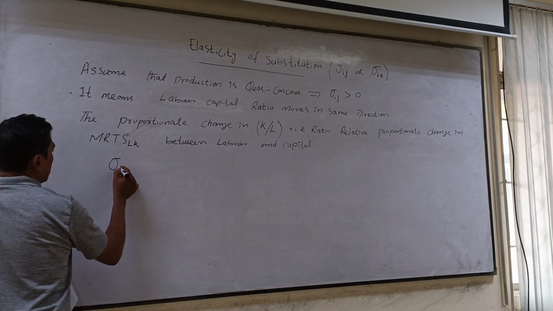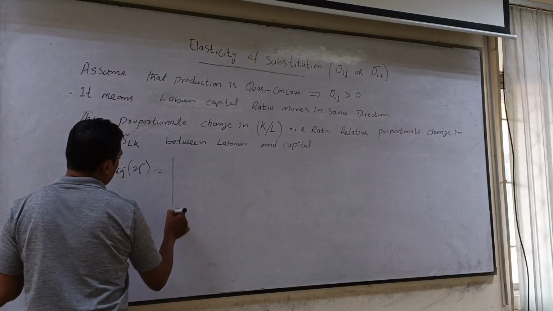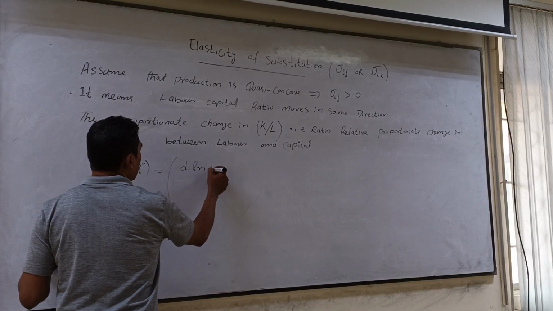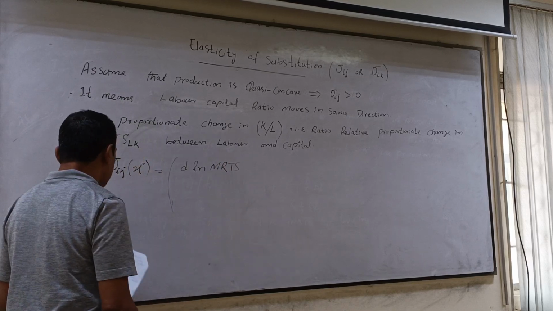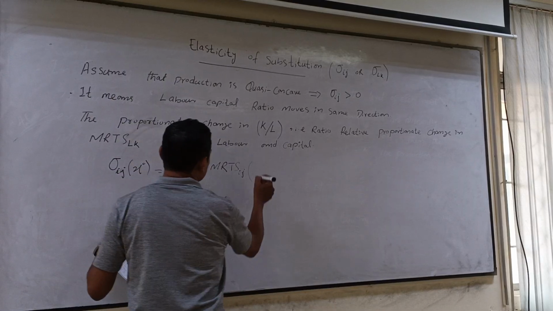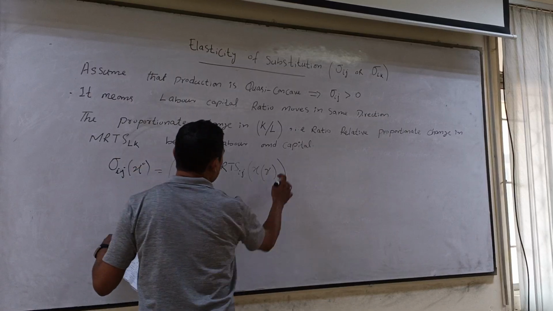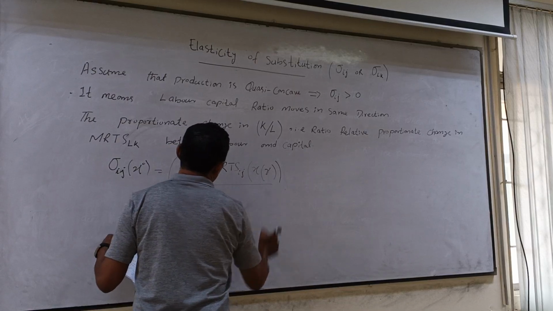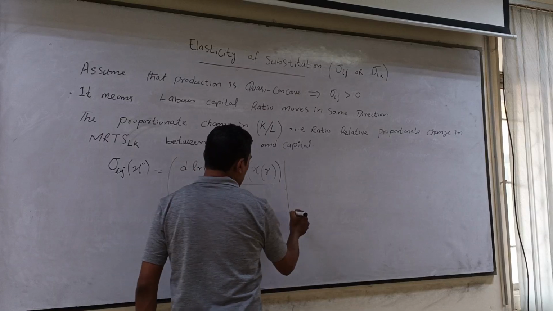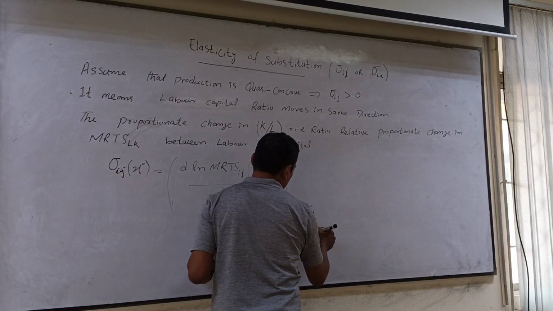sigma ij, x naught, d ln MRTS ij, x is a function of r, divided by r, x j, x.